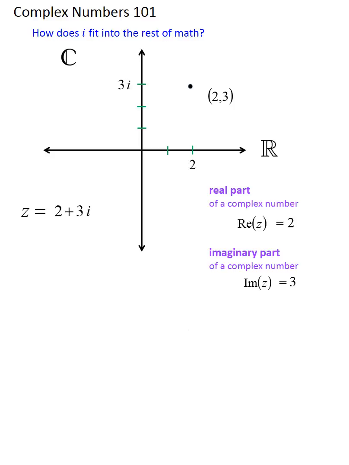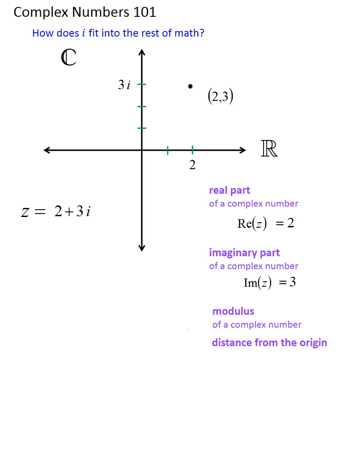It's worth noting the imaginary part is not 3i, although 3i is the imaginary number in this complex number. The imaginary part is the real coefficient of that, or 3. The third vocabulary phrase and calculation that has to be able to be made on any complex number is the modulus, which is just a fancy word for distance from the origin.